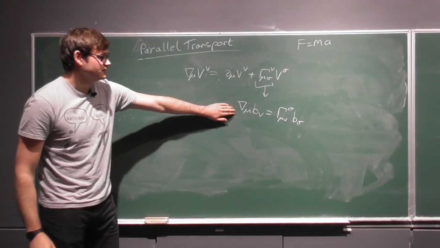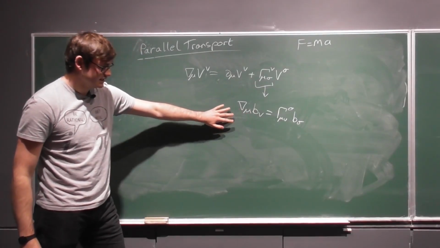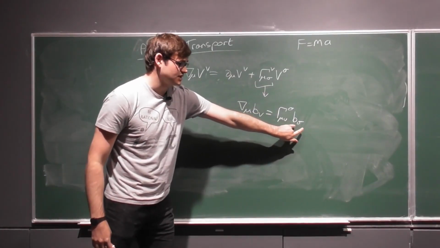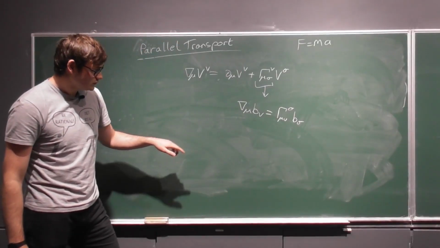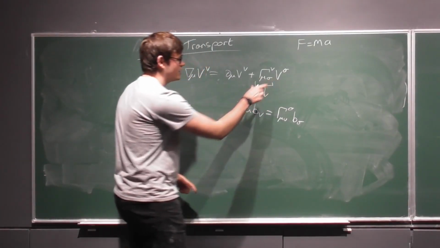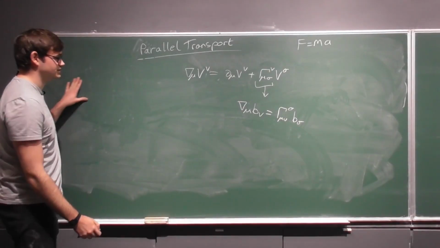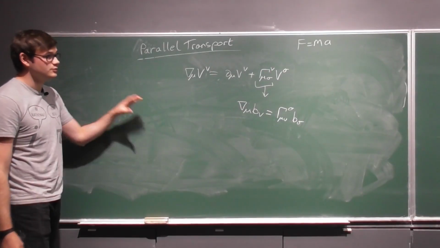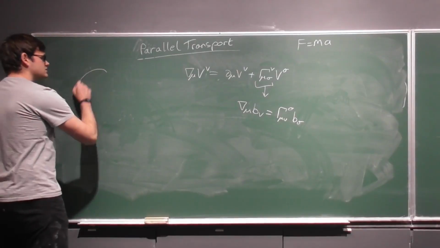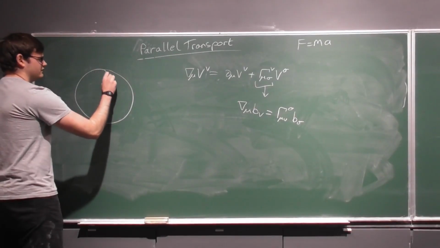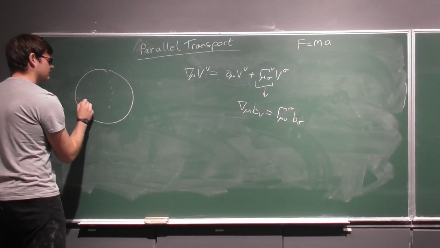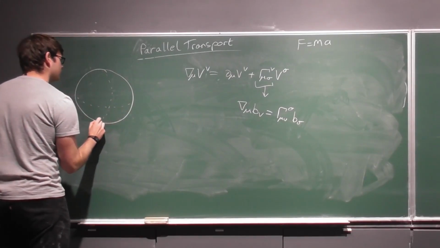In that the covariant derivative acting on basis vectors gives us these Christoffel symbols times the basis vectors. So what this tells us is that this term tells us how the basis vectors change as we move from point to point. So let's say we're on a sphere now. So it's kind of going to look like this, right?